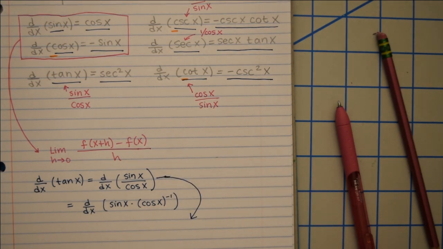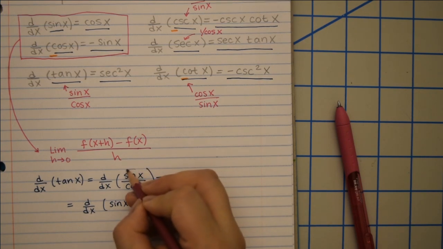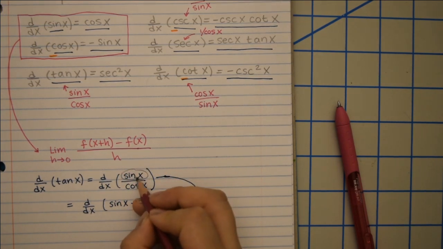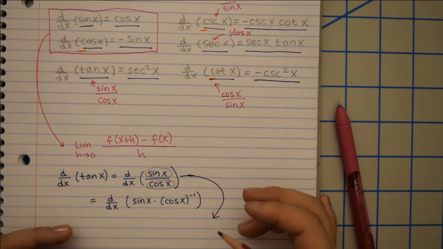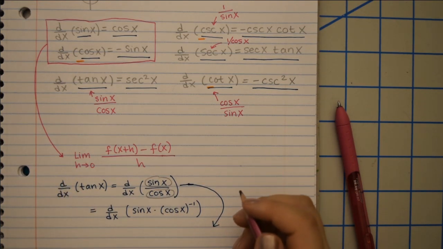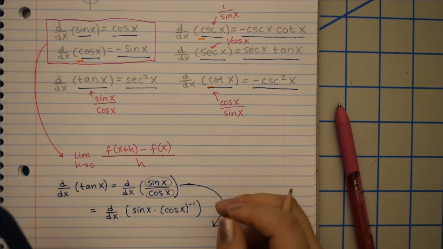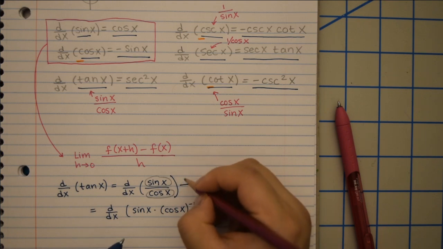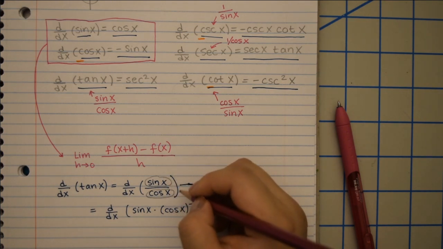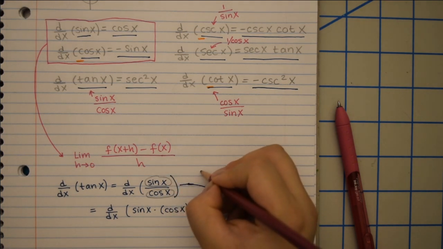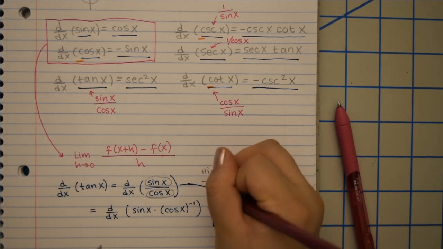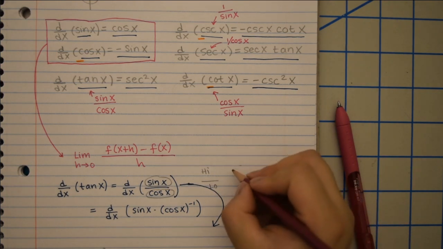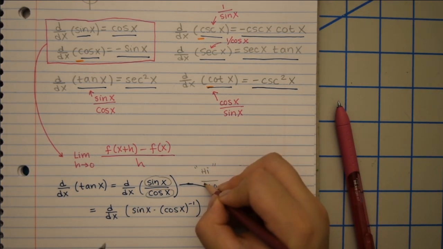Now, notice that we have something divided by something. So you may or may not be familiar with the little mnemonic, or I don't know if it's a mnemonic, but just a little trick here for quotients. We have the top being the high and the bottom being the low.